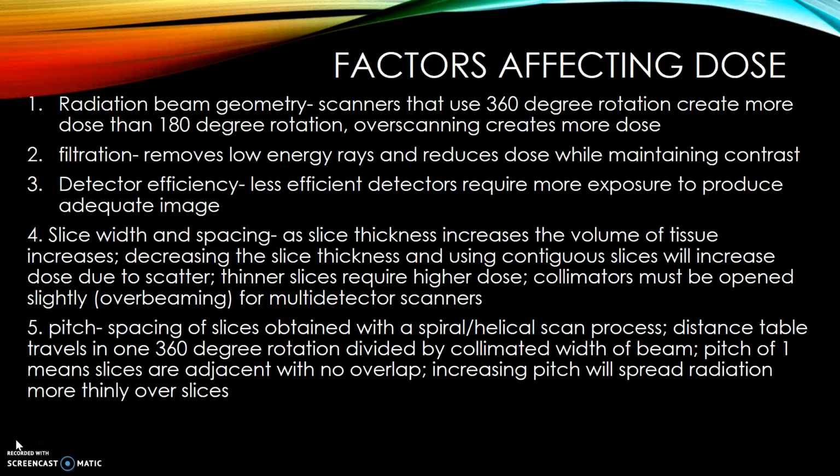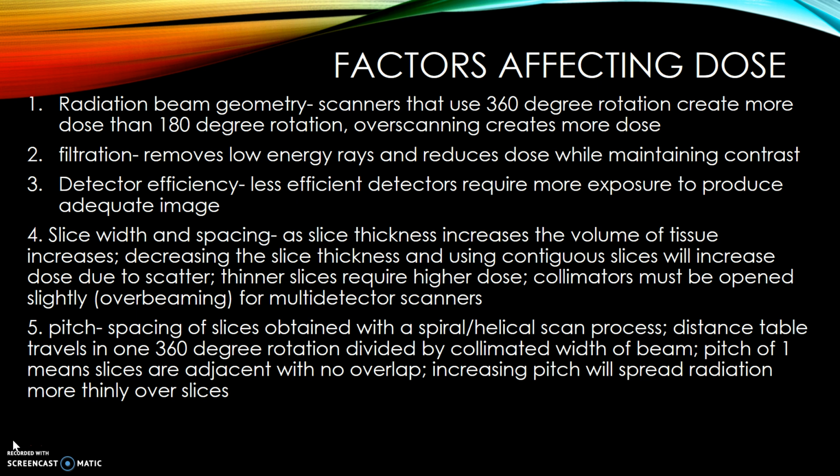Less efficient detectors require more exposure to produce adequate images. Slice width and spacing. As slice thickness increases, the volume of tissue increases. Decreasing the slice thickness and using contiguous slices will increase dose due to scatter. Thinner slices require higher dose, and collimators must be opened slightly for multi-detector scanners.